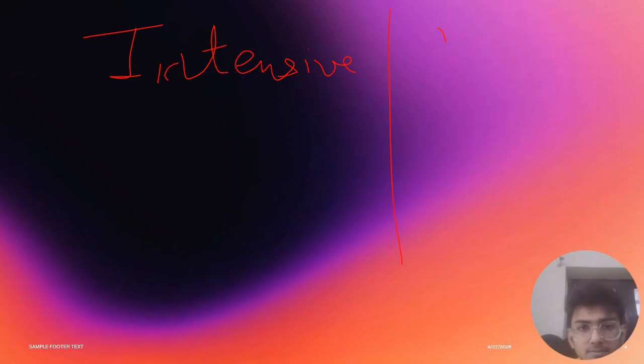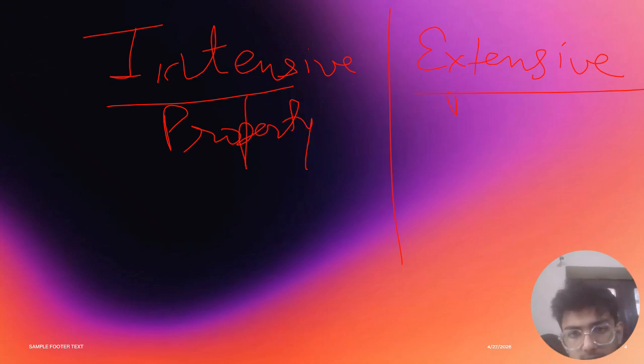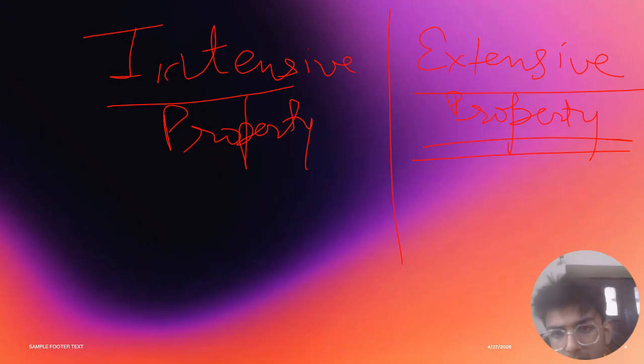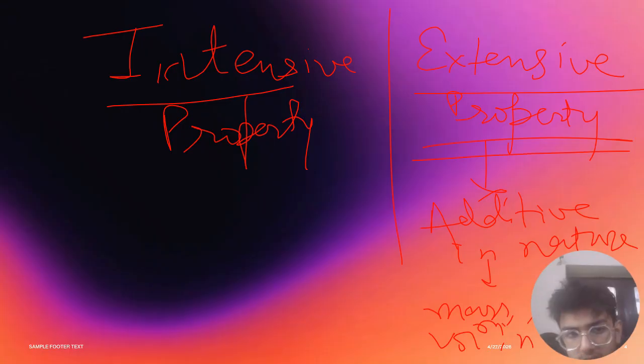First of all, let's discuss intensive and extensive properties. These are very important terms which we'll use in this chapter very frequently. Extensive properties are those which are additive in nature, like mass, volume, number of moles. But intensive properties are non-additive.